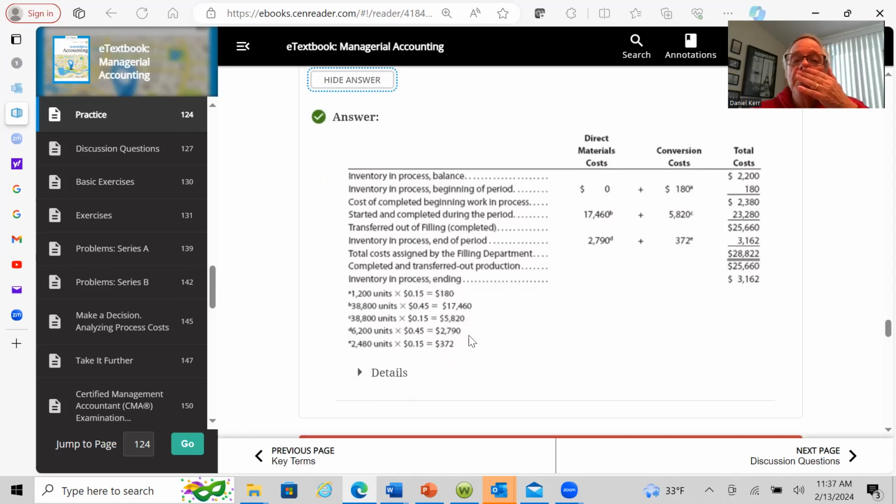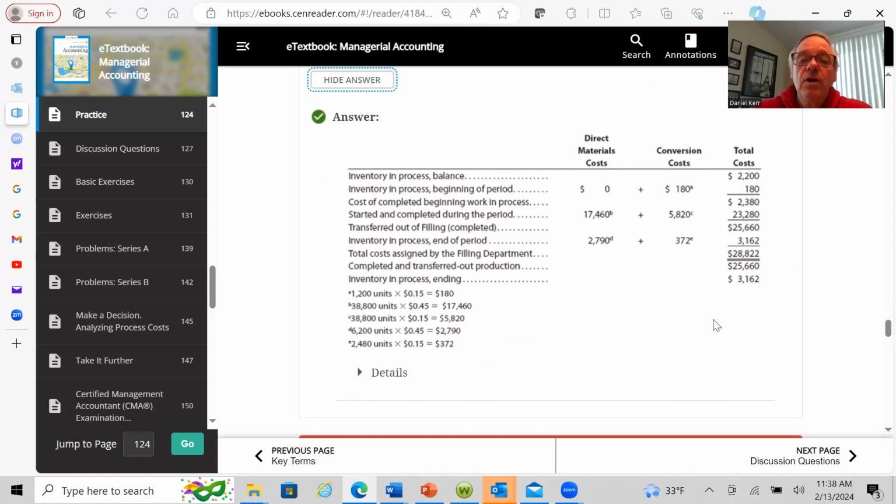There's my little table down there. 1,200 times 15 cents gives me 180. So there's the cost of completed in work in process. Started and completed, we had 38,800 units. So 45 cents with regard to materials, 15 cents with regard to conversion costs. That's how I get the 17,460 and the 5,820.